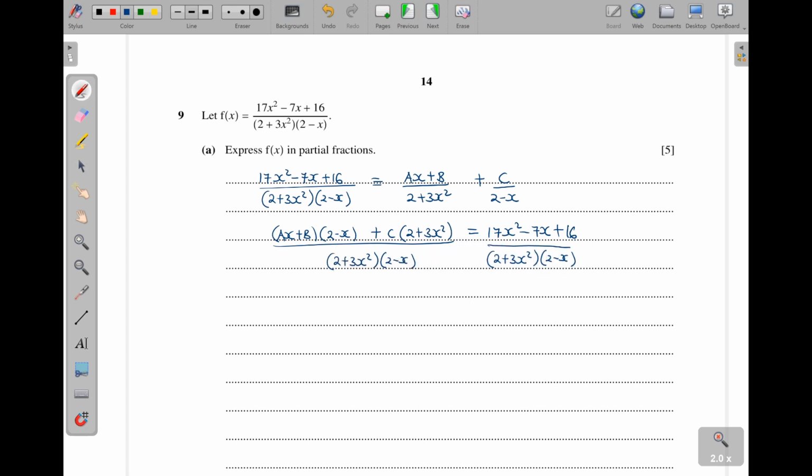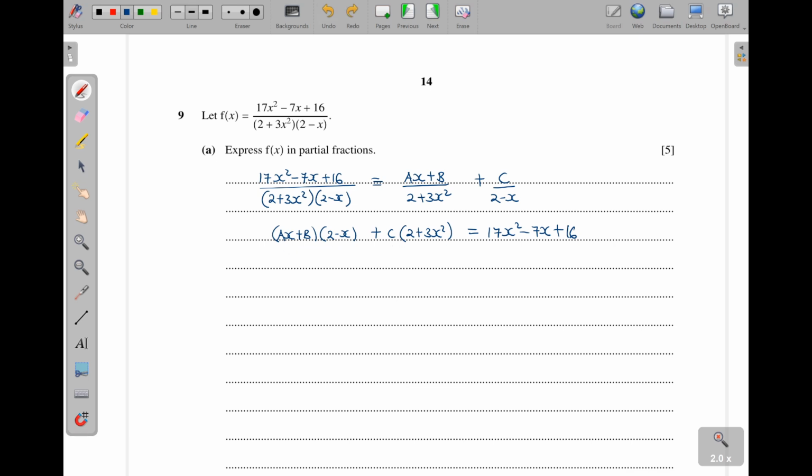So if we have something like that, don't you think that this is the same? So we just cross it out. It is the same. So I just equate when we multiply this and this and that, you equate to the numerator.